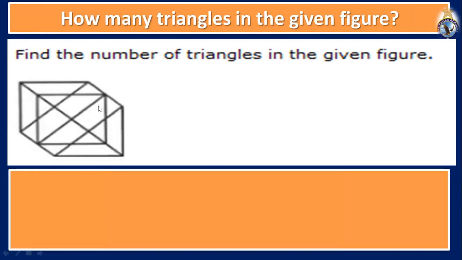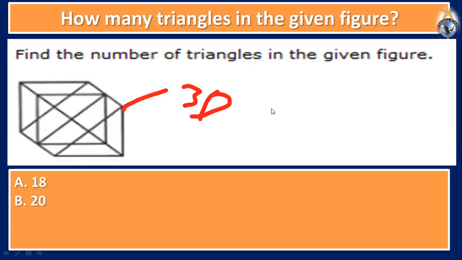This figure is composed of multiple elements. There are so many squares, the cube, the triangles, rectangles, a lot of things. It consists of many lines, made of many lines. So there may be 18 triangles, that may be one of the options.